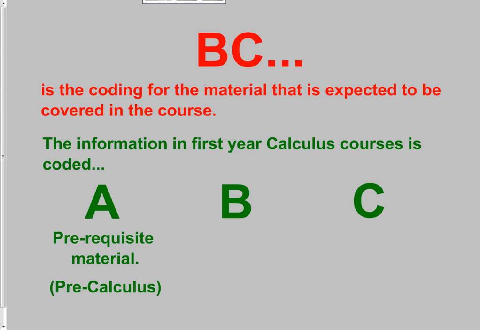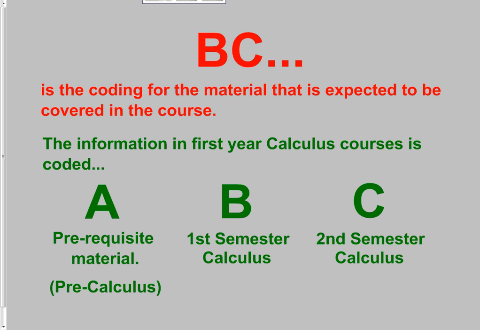So in layman's terms, that is typically a course like pre-calculus. The B information is given to the first semester of first year calculus. Assuming that calculus is spread out over an entire year, B includes the first semester information. C denoted the second semester information for first year calculus.